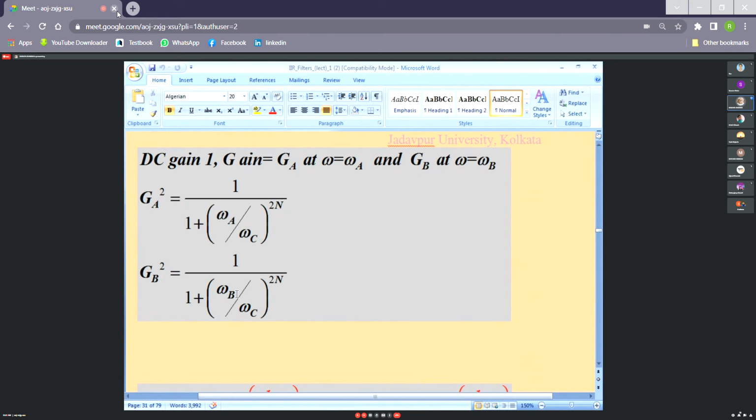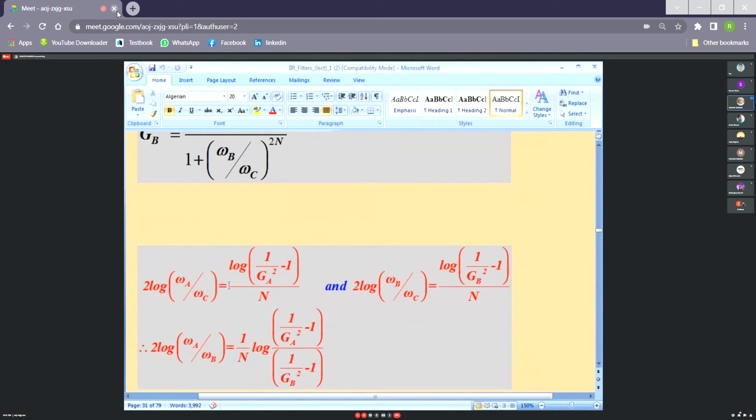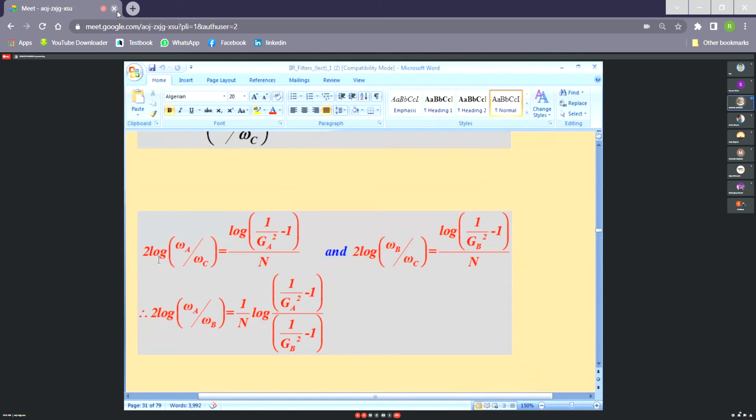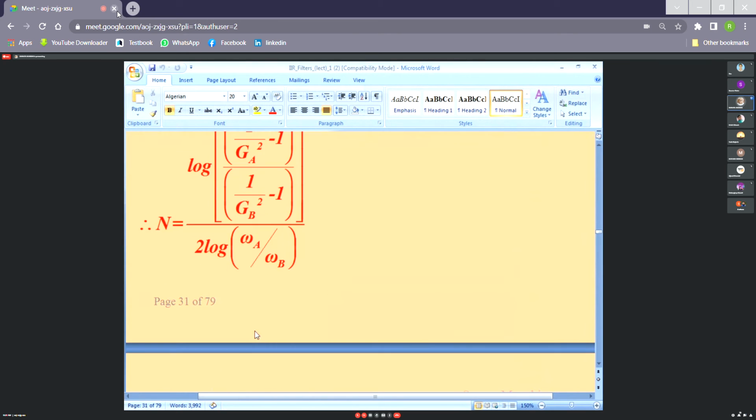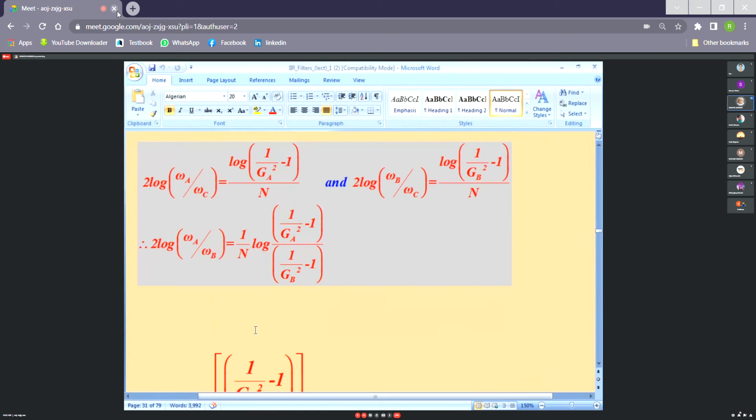From these two equations, you have to find out omega C and N. So you get 2 log omega A by omega C given by that expression, and 2 log omega B by omega C given by this expression. So finally, you get n given by that expression, and once you get the value of n, cutoff frequency can be obtained from any one of these equations.